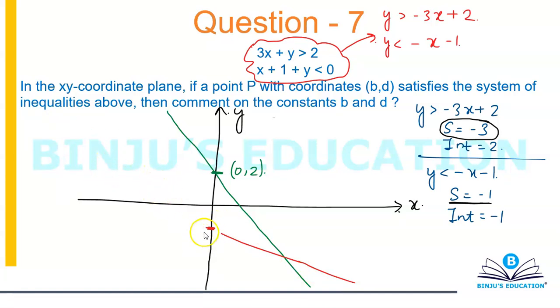Doesn't look good. Right, now this one is better. So this point here will simply become (0, minus 1).